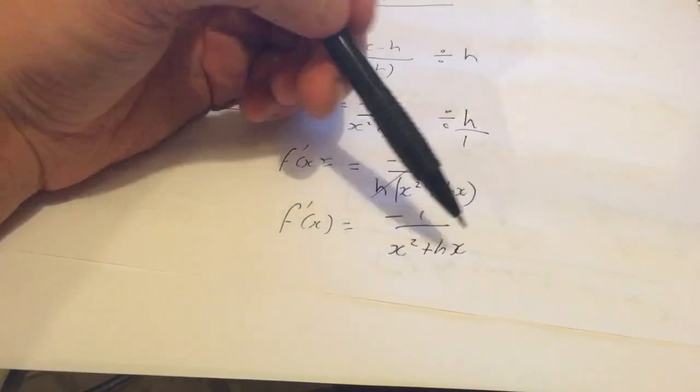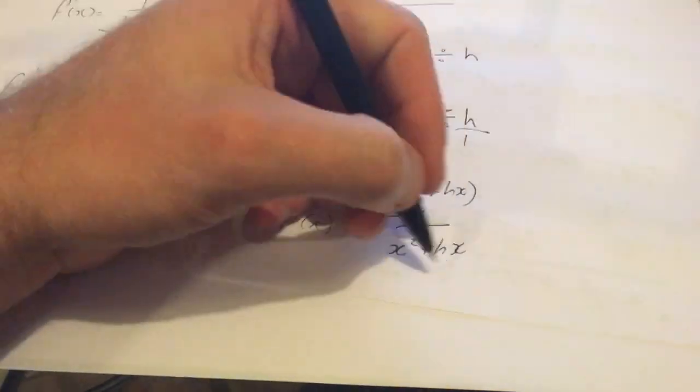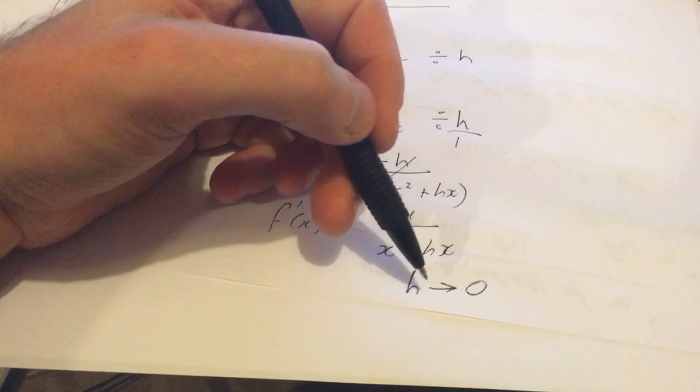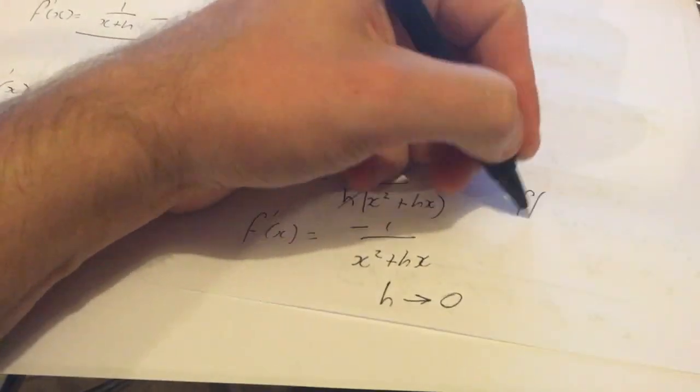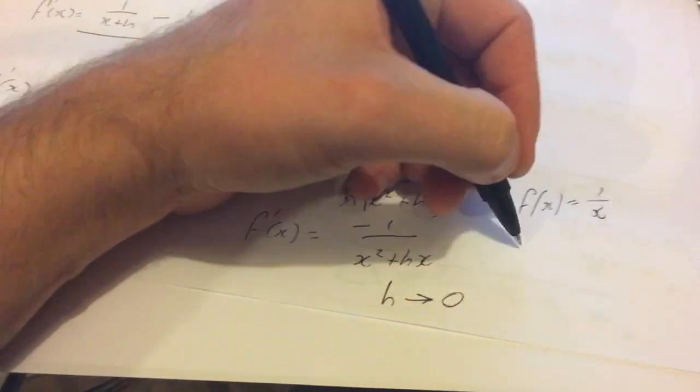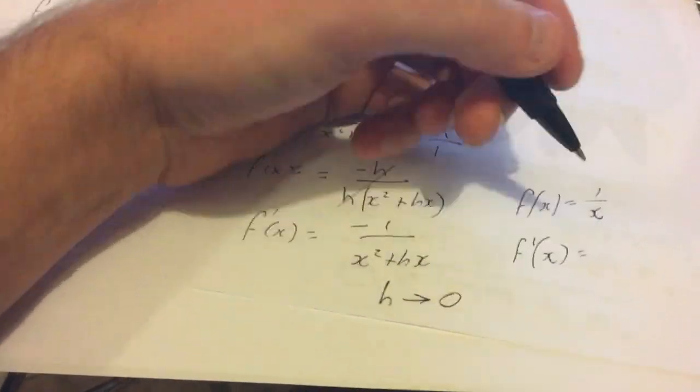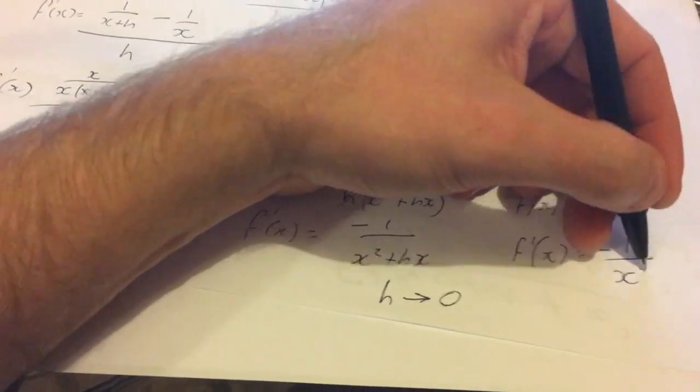So last step, as h is infinitely small, h is going to tend towards 0, so our gradient function for f of x, which is 1 over x, is going to be minus 1 over x squared.